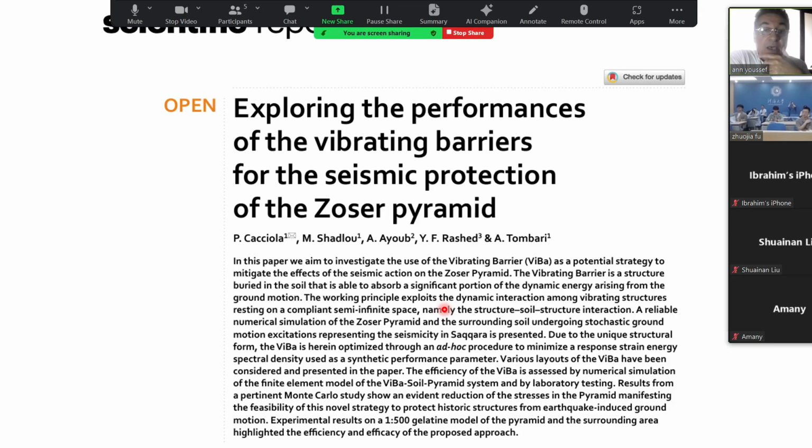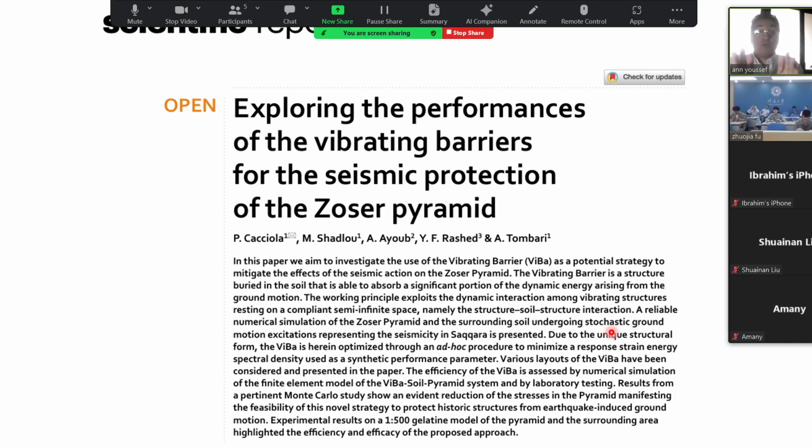It was about how to design these vibrating barriers for seismic protection of the pyramid, and we used stochastic analysis. We used stochastic analysis mainly because we don't know the strength of the earthquake that is going to strike. We don't know the intensity or the time series of this earthquake, how it will look. So we need probabilistic analysis in order to design something to stand up to any earthquake that strikes this monument.